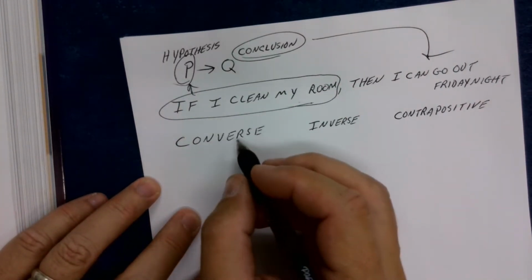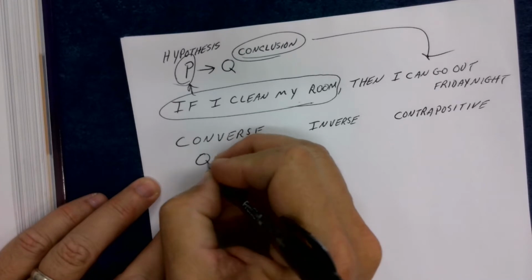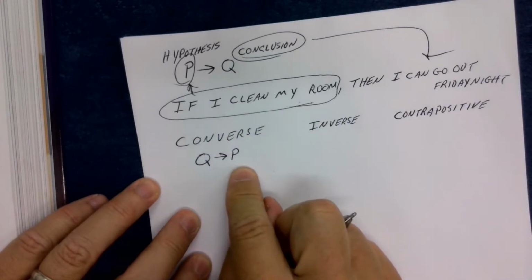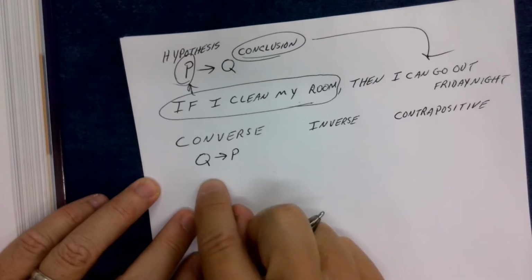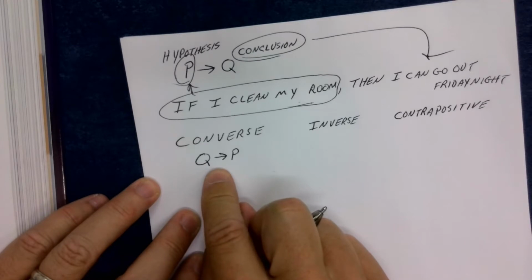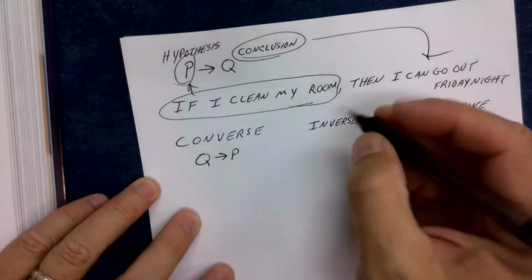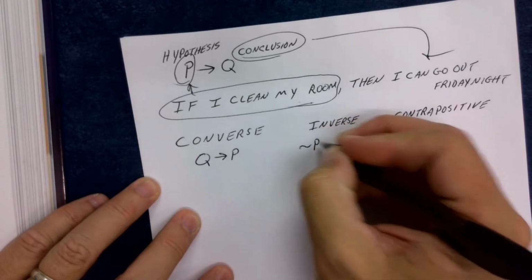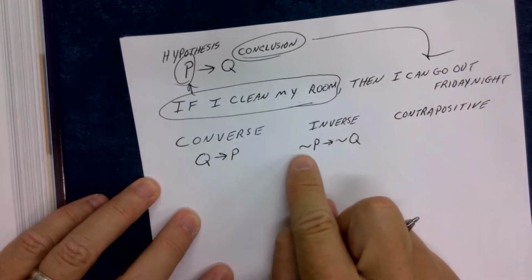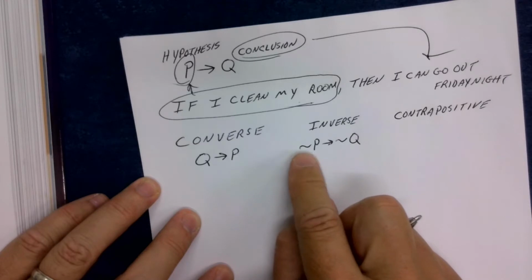The converse would be Q implies P. If I go out Friday night, then I cleaned my room. Again, we're not saying whether these things are true or false. We're just saying that that's what the converse is. The inverse looks like this, and these little squiggle symbols negate it, like saying the negative of it.